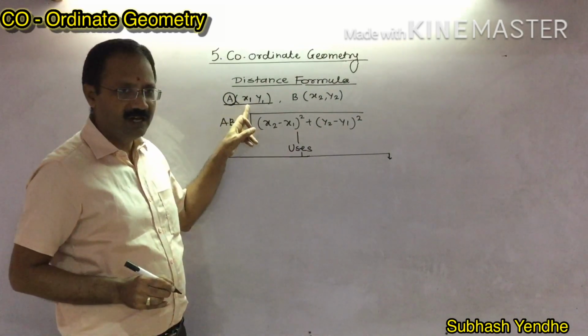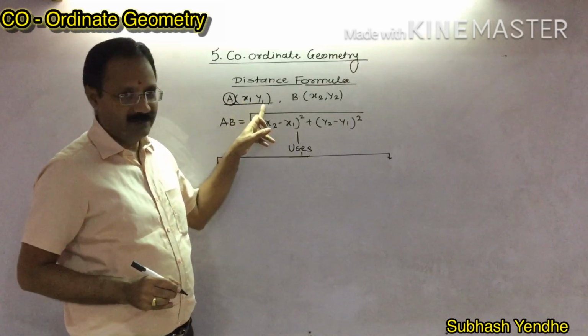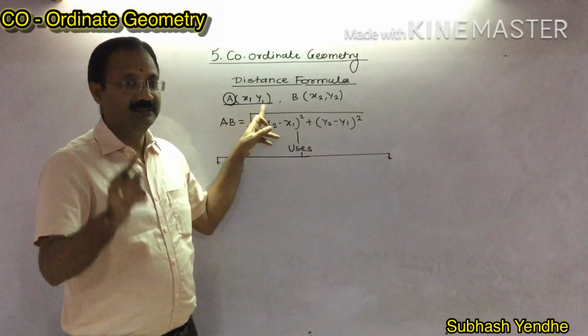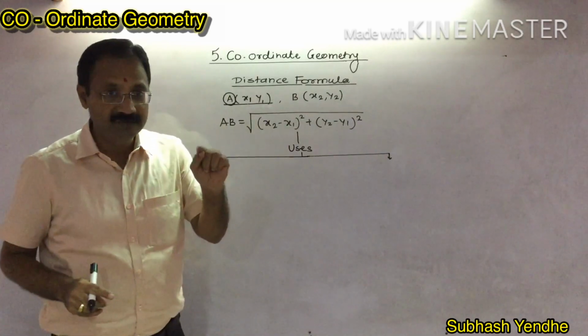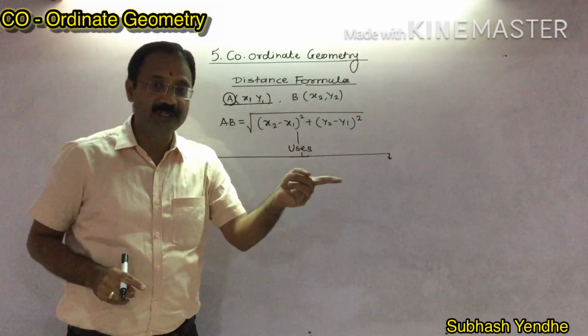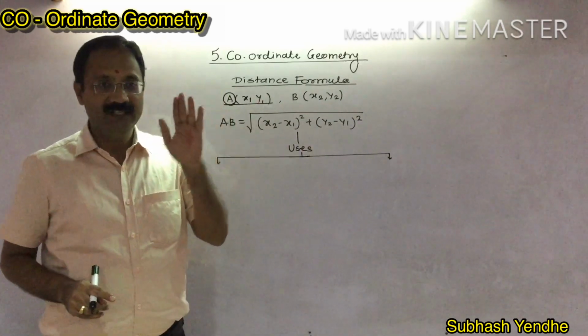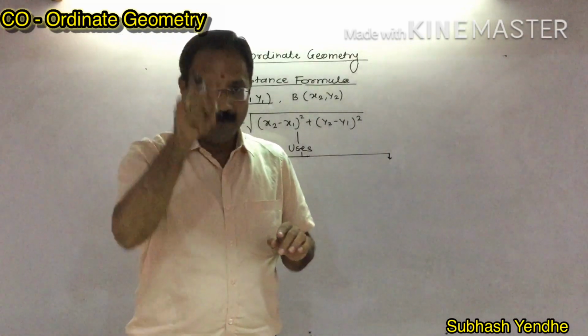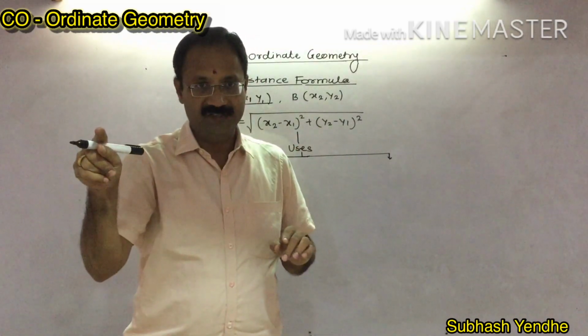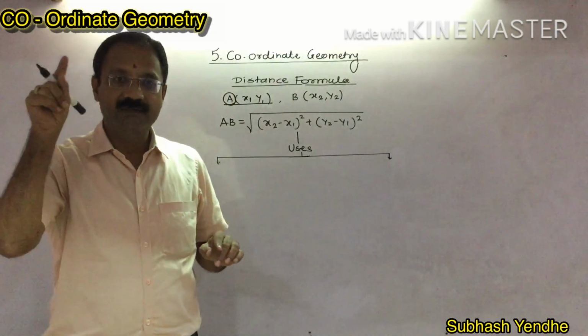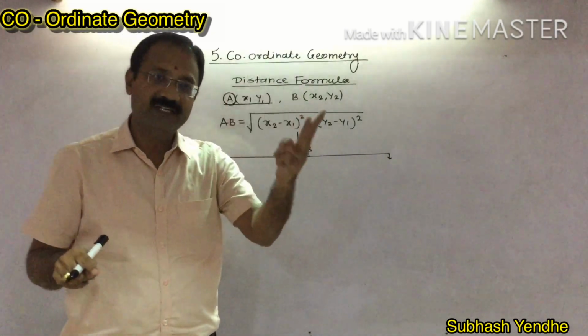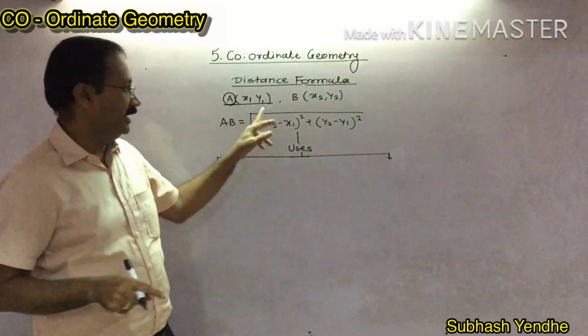Its coordinates are x1 and y1. Always remember that the first coordinate is x and the next coordinate is y. Because in a graph we have seen the y and x axes. So the first is always from the x axis and the second one will be from the y axis.